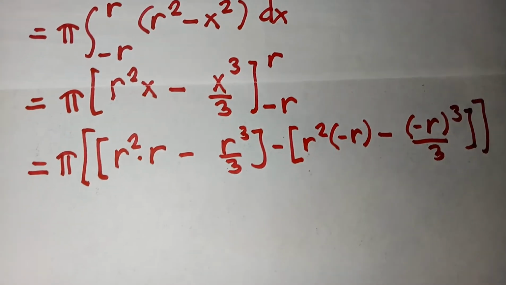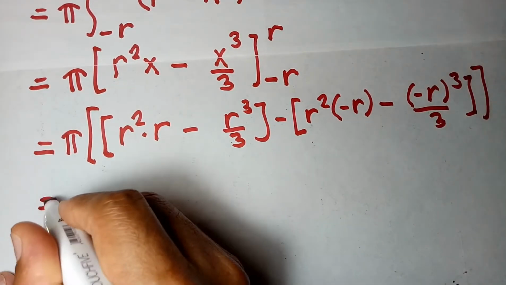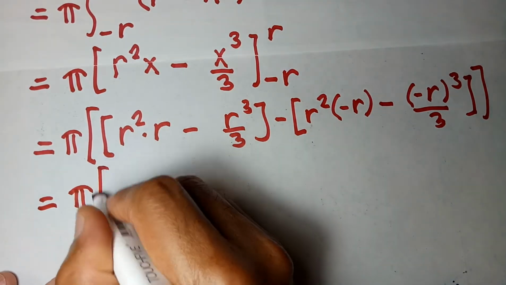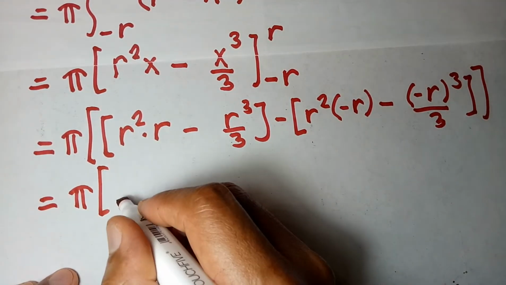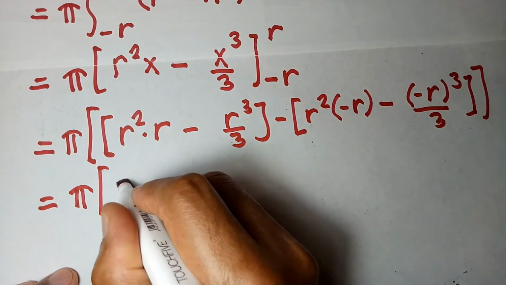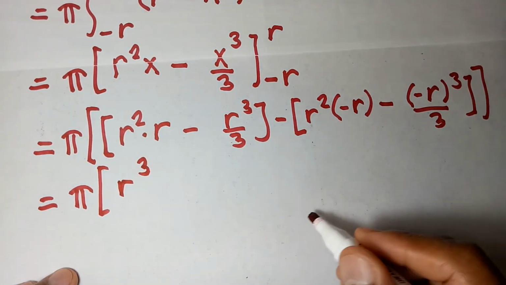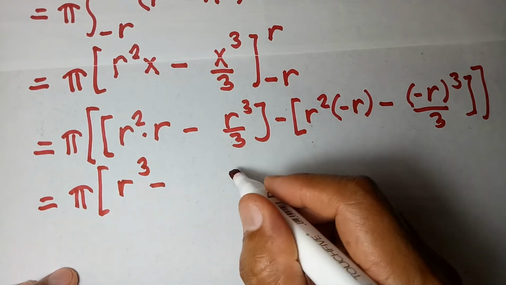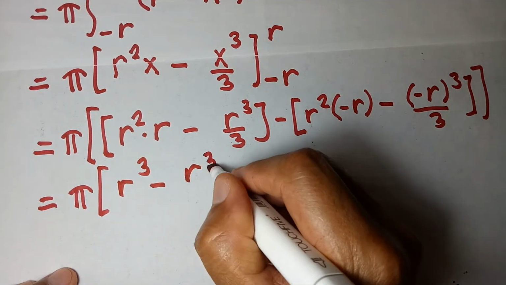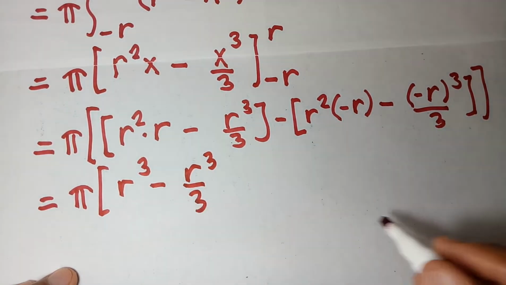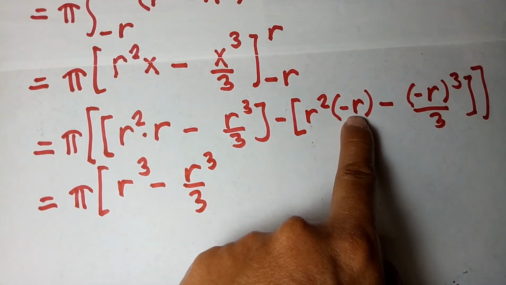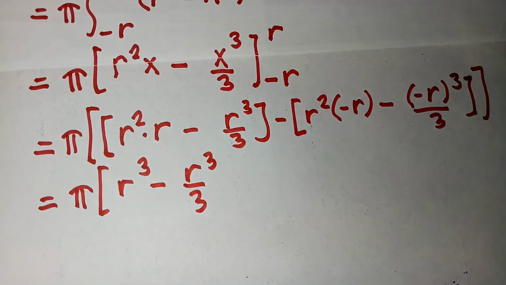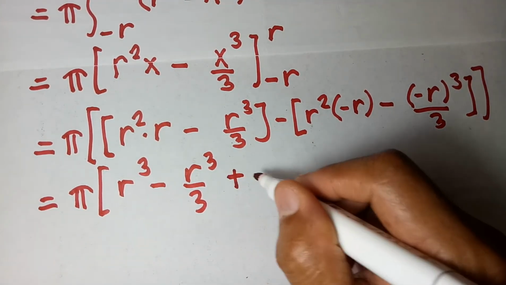Tapos i-simplify natin, ano? So I will have pi. So r squared times r is r cubed. So, r cubed, and then minus r cubed over 3. So r squared times negative r is negative r cubed, and minus times negative is positive r cubed.